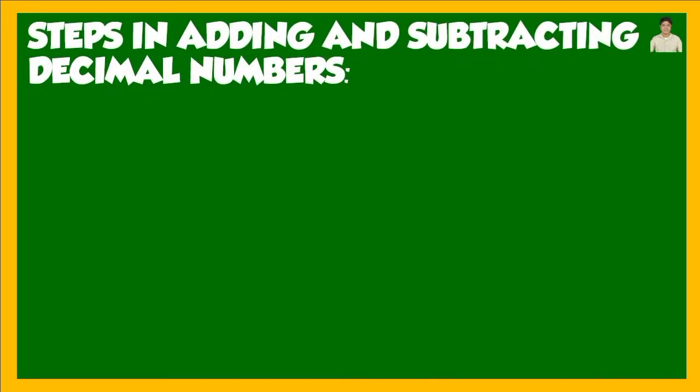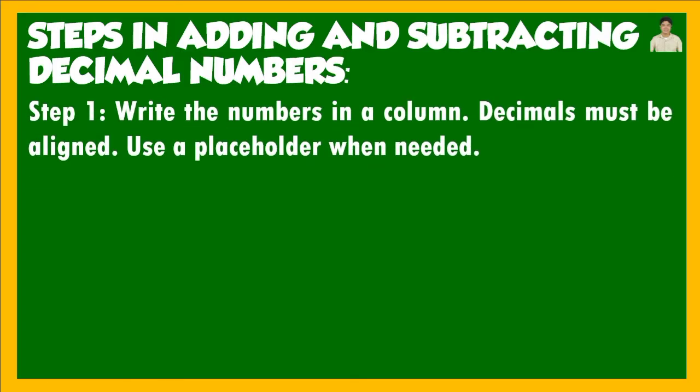Let us now proceed in discussing the steps in adding and subtracting decimal numbers. Step 1. Write the numbers in a column. Decimals must be aligned. Use a placeholder when needed. Yung unang step natin kapag ina-add or sinusubtract natin yung mga decimals, kailangan po sinusulat natin sila in a column, pantay-pantay.